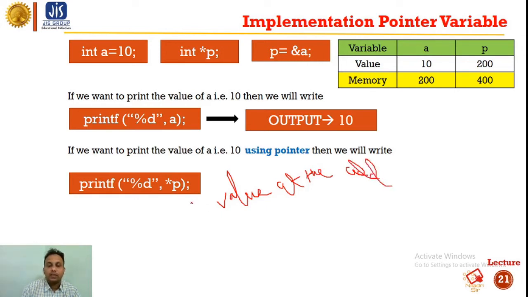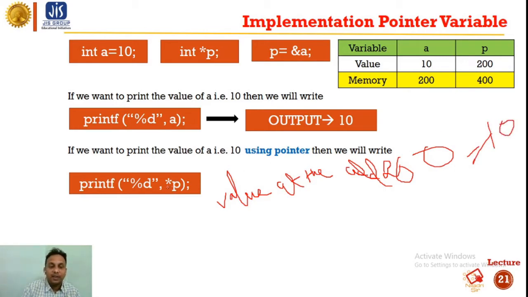Next, there was p. So value at the address. What is the value of p? It is 200. So value at the address 200. What is the value at the address 200? This is 10. So you can understand.